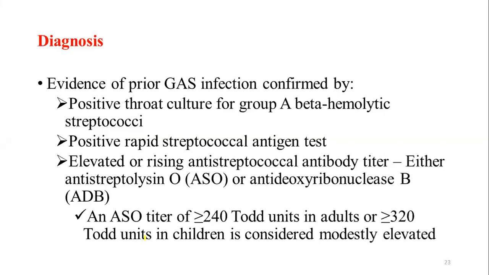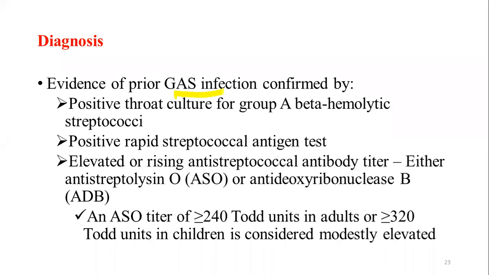So how do we assess whether the patient has had a prior episode of group A beta hemolytic infection? We can do a throat culture, an antigen test, or an antibody titer.